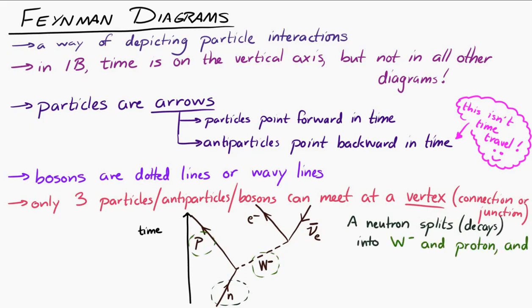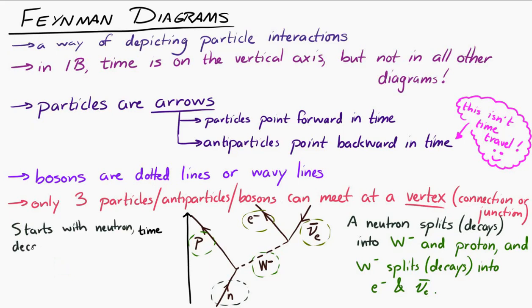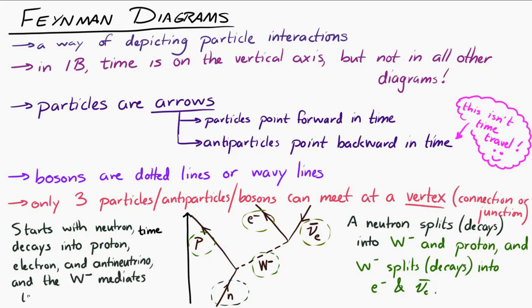So in the end, at the end of the diagram, we ended up with a proton, an electron, and an antineutrino. The way that we would say this is that this shows a neutron decaying into a proton, an electron, and an antineutrino, where the W- boson mediates the decay. That's the terminology we use.